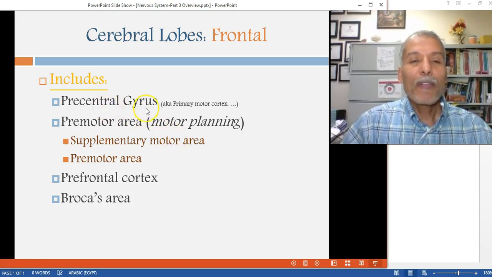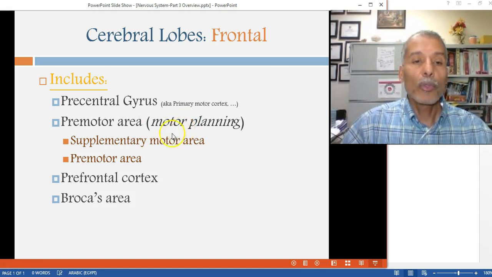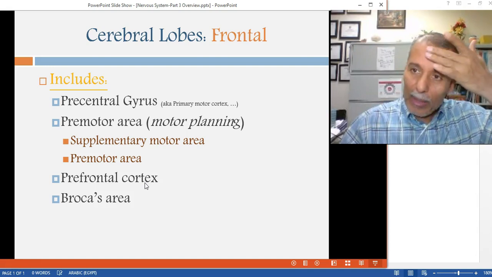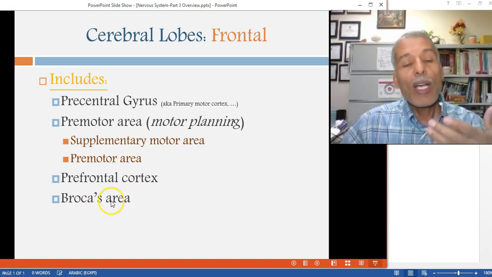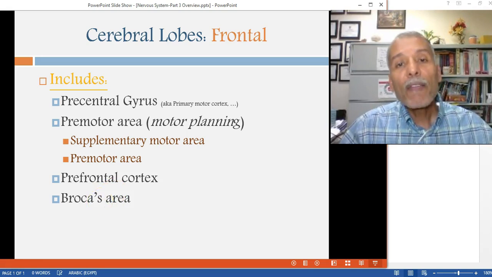So we have the precentral gyrus, which is the primary motor cortex, and the premotor areas that are used for planning of motor activities before you do them. And also the prefrontal cortex, the area right behind your forehead, and you have Broca's area. But Broca's area is only found in the left hemisphere.